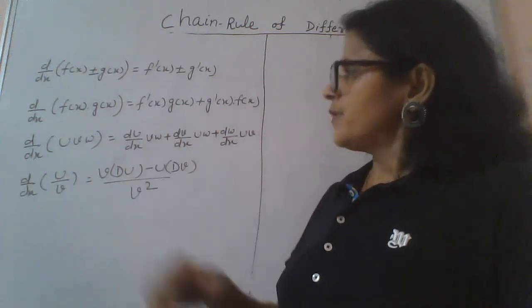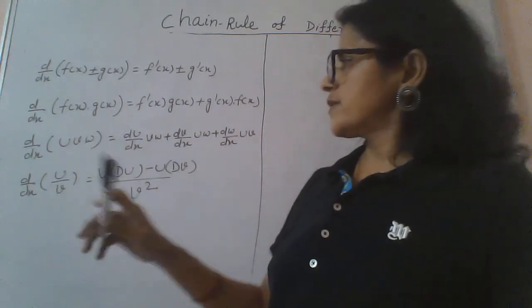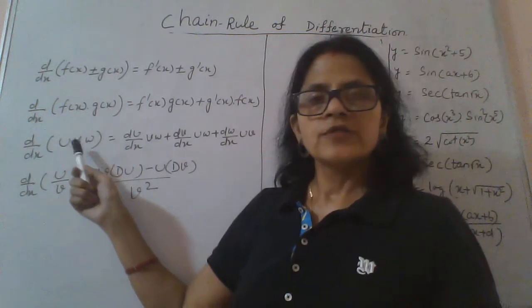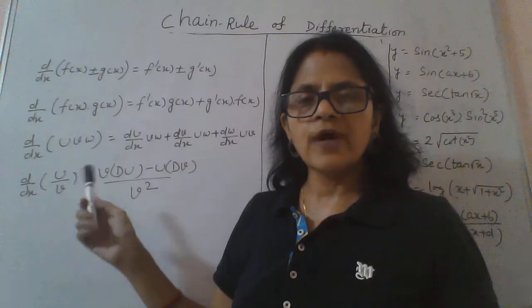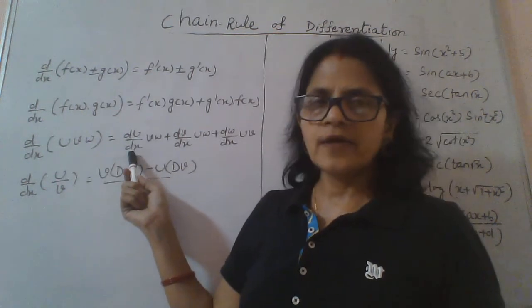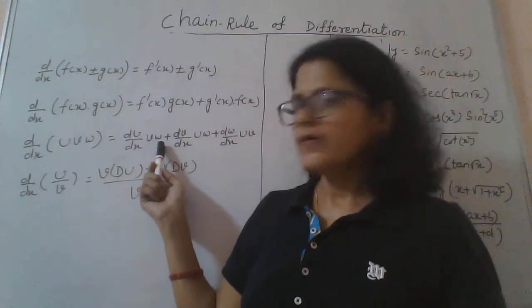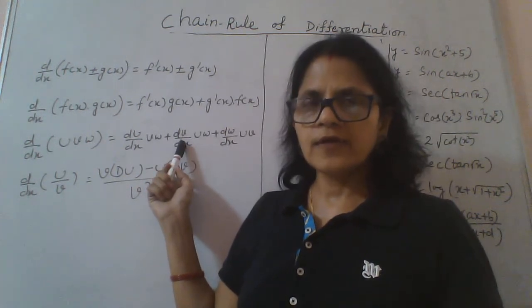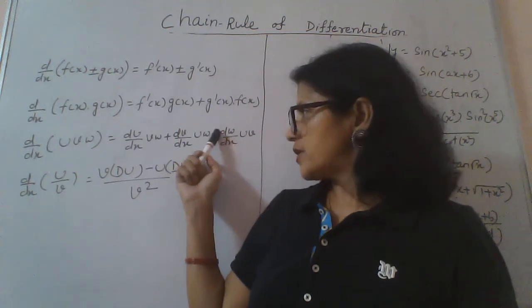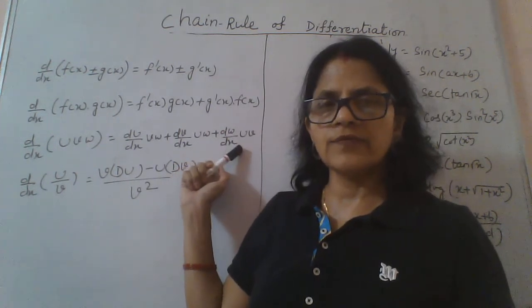Similarly, if we take three functions, d/dx of u into v into w, where u, v, w are functions of x, it is du/dx into vw plus dv/dx into uw plus dw/dx into uv.